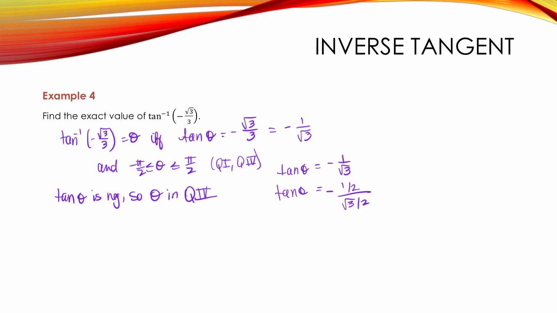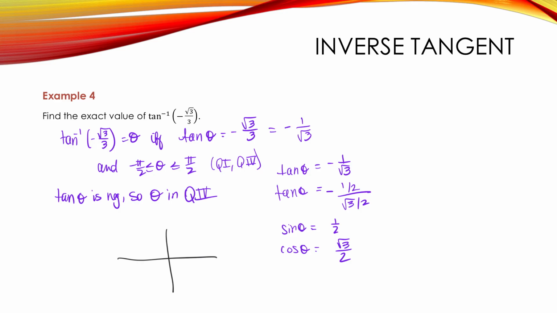What we need to know is that tangent is equal to sine over cosine. So it tells us here that sine theta is 1/2 and cosine theta is root 3 over 2. But now we have to figure out which one is which in terms of the sign, positive or negative. But we know that our angle is in the fourth quadrant.